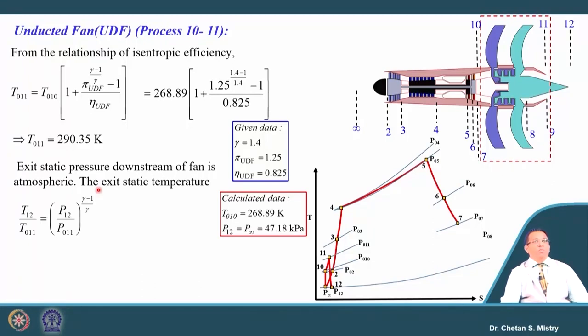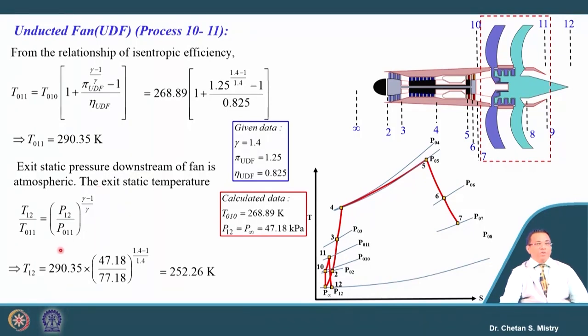This is helpful to us in order to calculate the static temperature at the exit of the unducted fan based on our isentropic correlation. If we put in this number, the outlet static temperature comes to be 252.26 Kelvin.